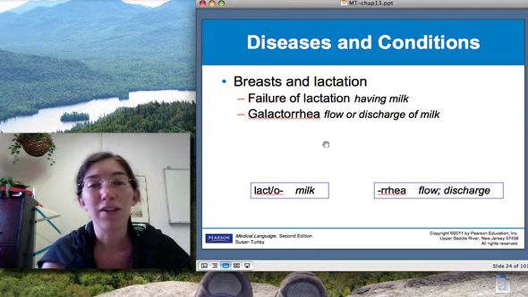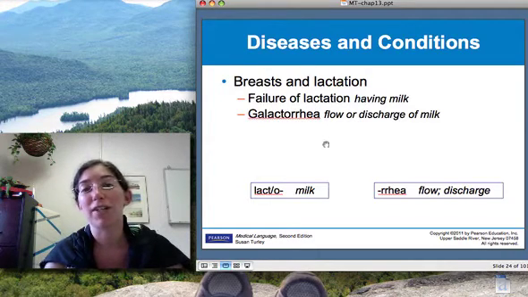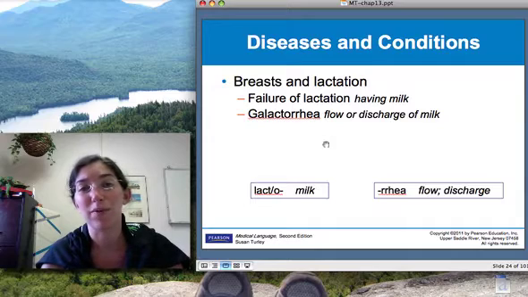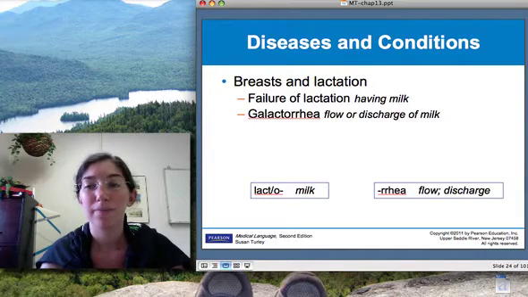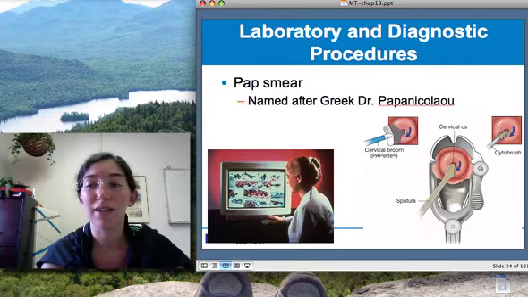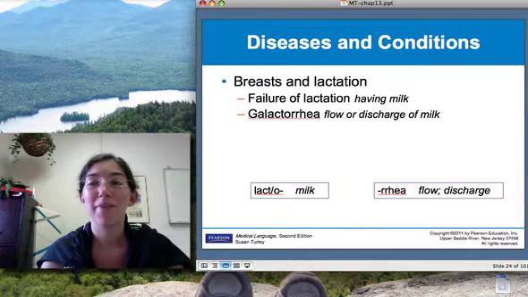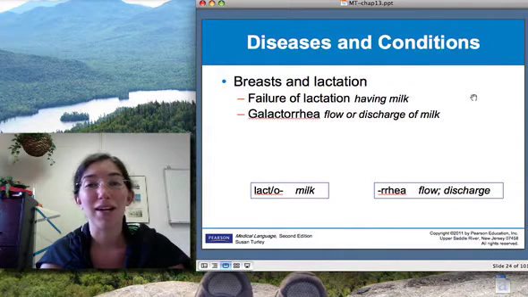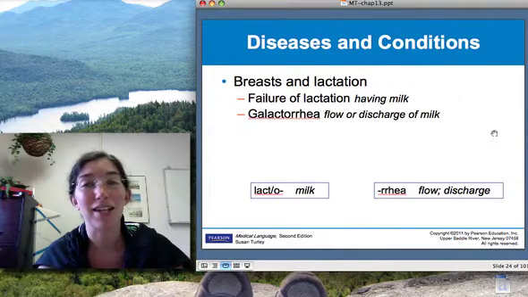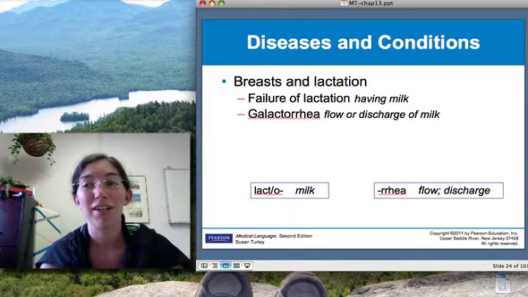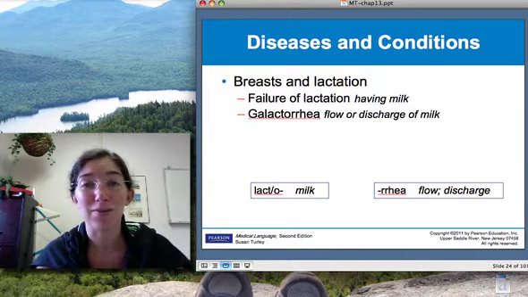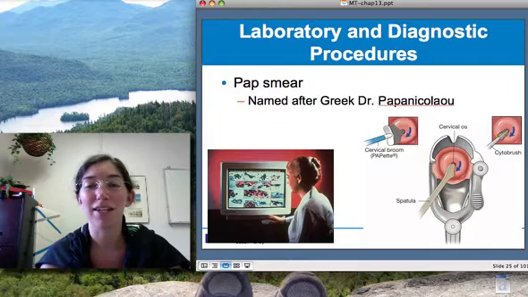Or you can have failure of lactation, where after giving birth, the breasts fail to produce milk. Luckily, we have decent infant formula that infants can survive. Once upon a time, if a woman failed to lactate, her baby was at risk of starving if she didn't find a wet nurse or figure out how to get her breasts to lactate.